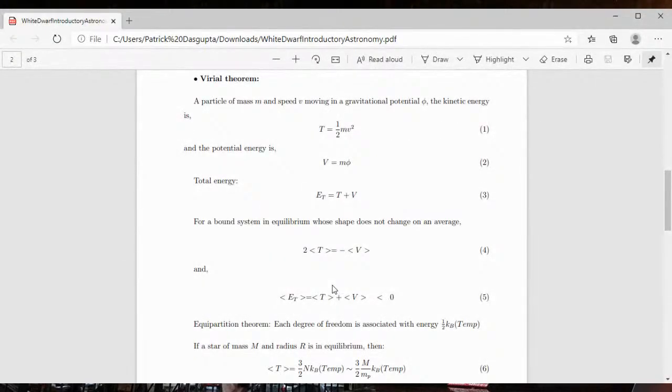Okay. So let me first, as I said, only give the statement of the virial theorem. But before I talk about the virial theorem, for those who have stopped studying after school, their memory has to be freshened up.